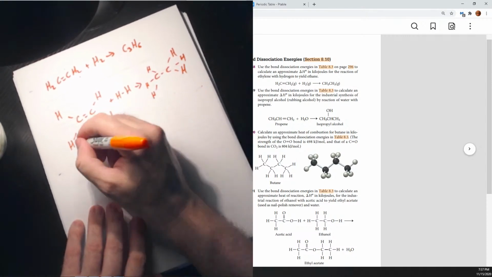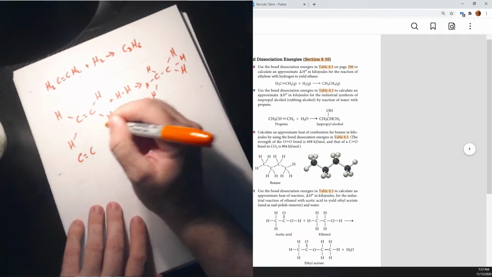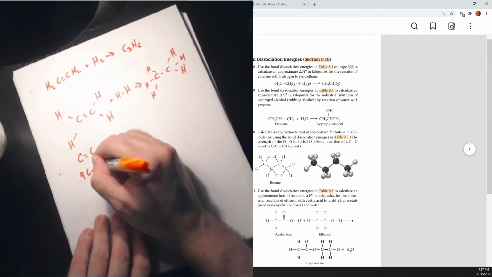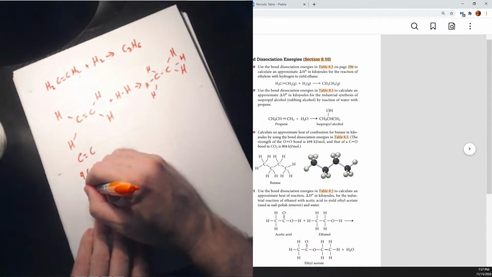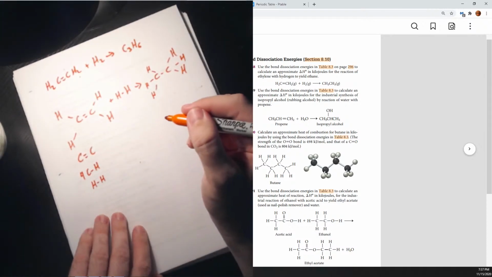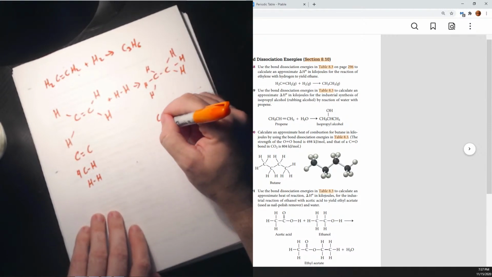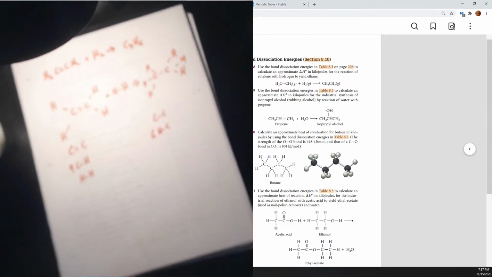So we have a carbon-carbon double bond, 4 carbon-hydrogen single bonds, and a hydrogen-hydrogen single bond. And over here we have a carbon-carbon single bond and 6 carbon-hydrogen single bonds.